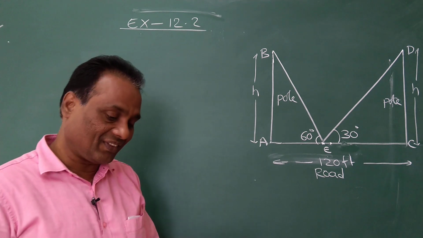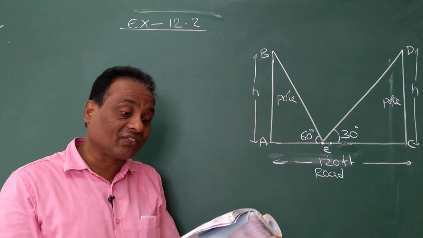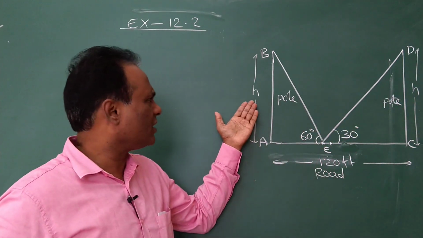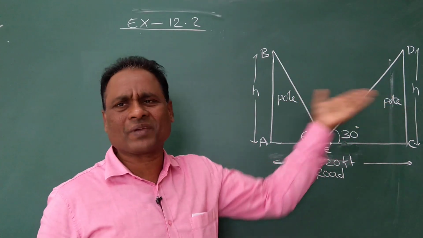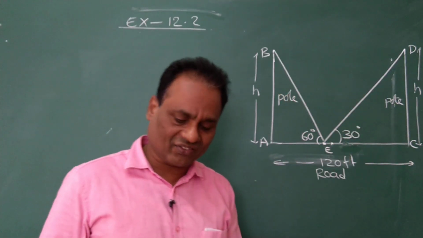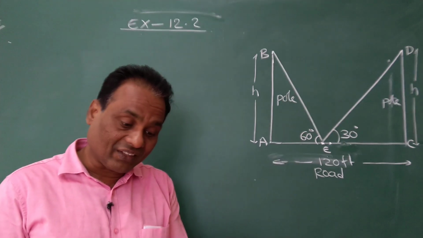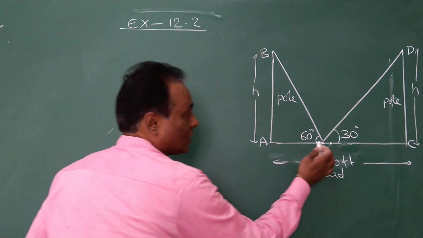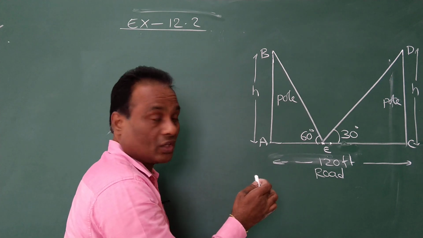The question is, find the height of the poles. What is the height of the pole? If you find one pole height, the second is also the same, because both are equal height, no? If this is h, that is also h. And another question is, the distance of the point from the poles. So what is this distance? It is not the midpoint.